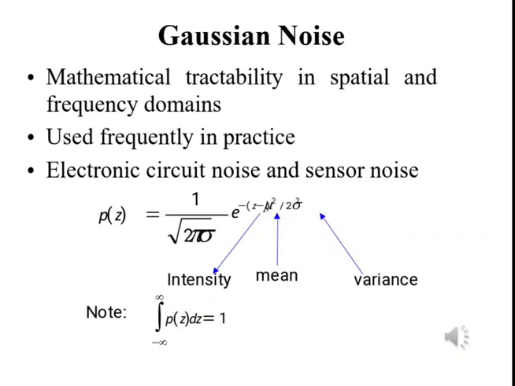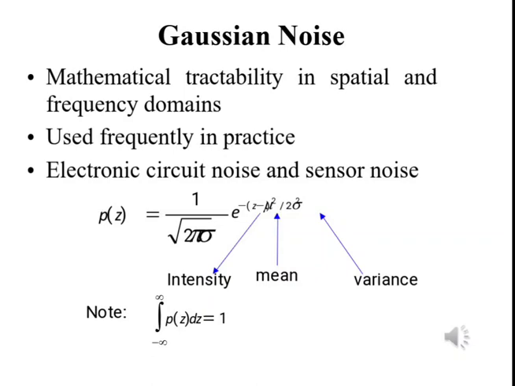The PDF, that is the probability density function, of a Gaussian random variable z is given by p of z equal to 1 upon square root of 2 pi sigma, e raised to minus (z minus z bar) square upon 2 sigma square, where z represents the intensity, z bar is the mean, that is the average value of z, and sigma is the standard deviation.